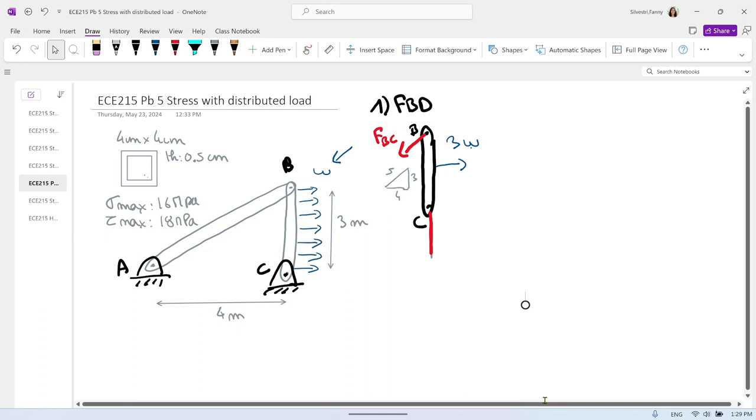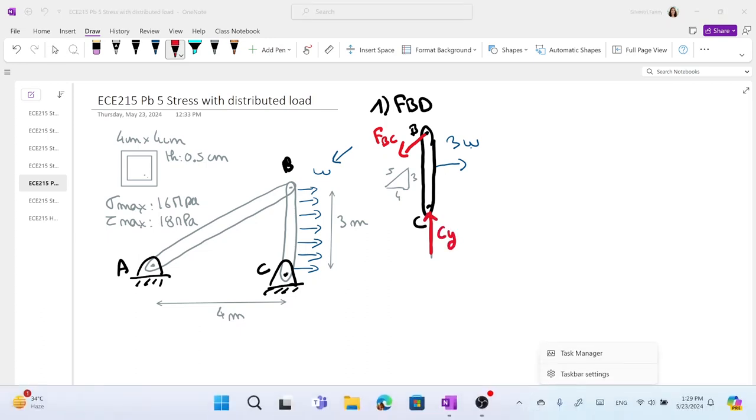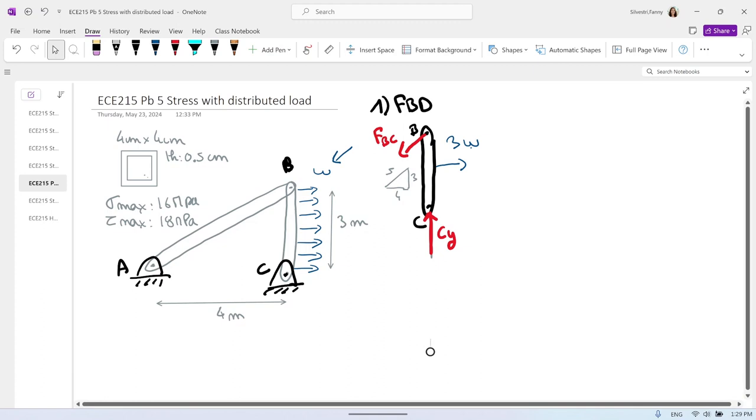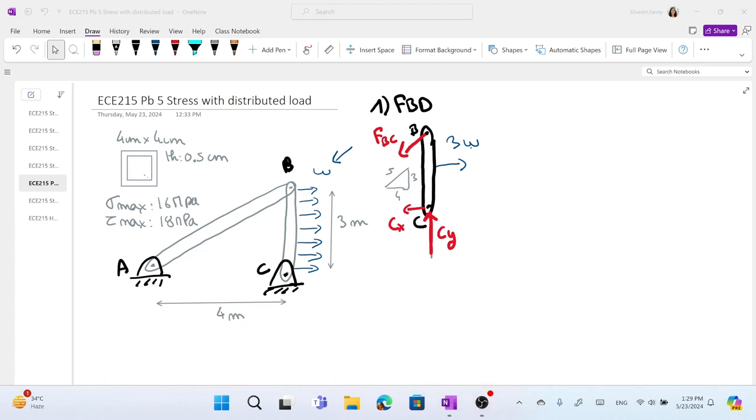We don't know the value, but it will be up because FBCY will be down. And probably CX will be to the left because of the 3W in the center. Yes, because if we do the moment about B, 3W creates a positive moment, so CX must create a negative moment.